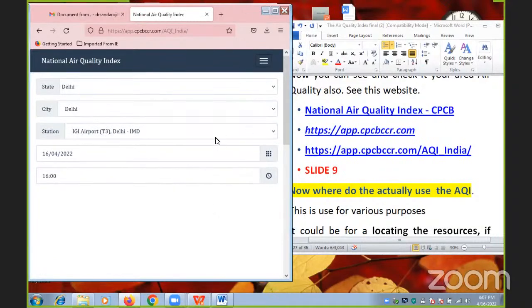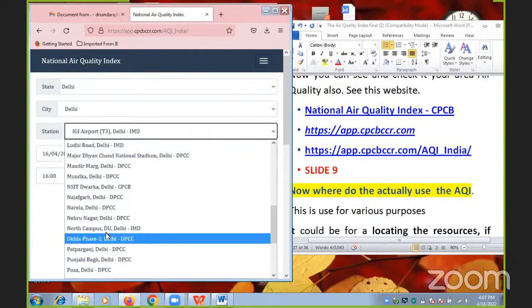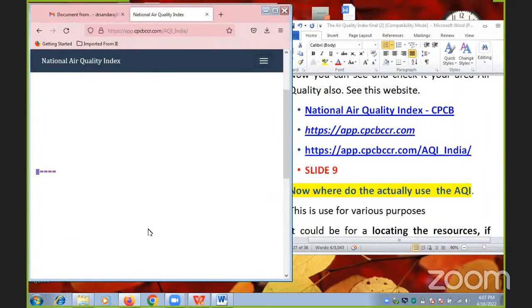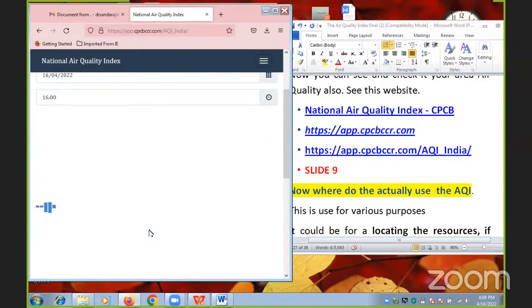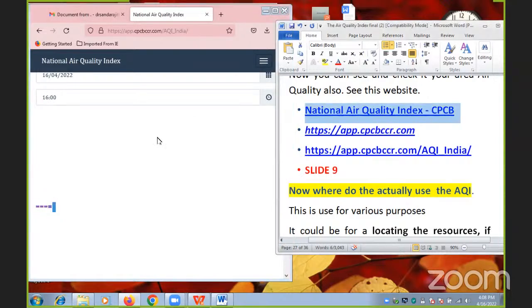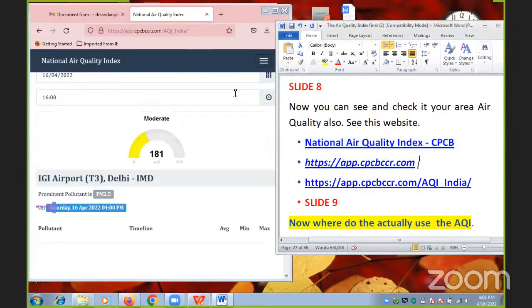So we select another one. So it is buffering, right? It's okay. So you check your own area also like this, okay?